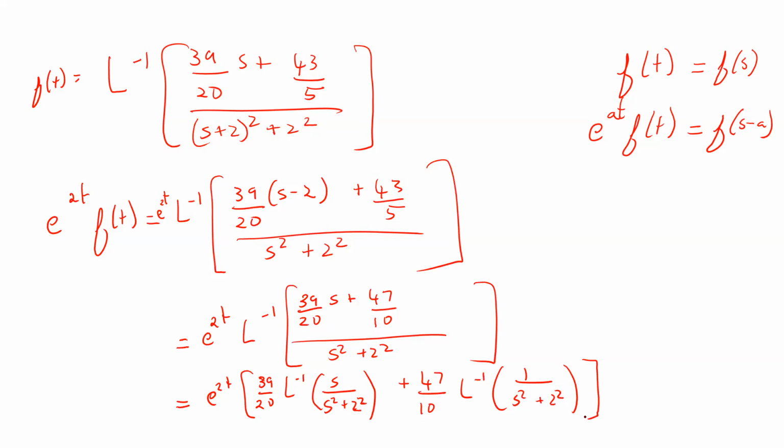The Laplace inverse of s by s square plus 2 square is nothing but cos 2t. And the Laplace inverse of 1 by s square plus 2 square is nothing but sin 2t.